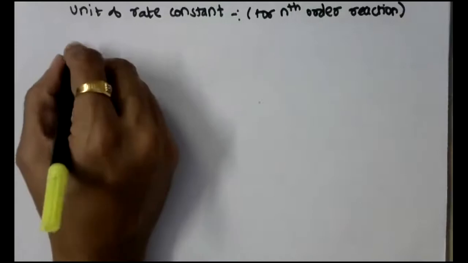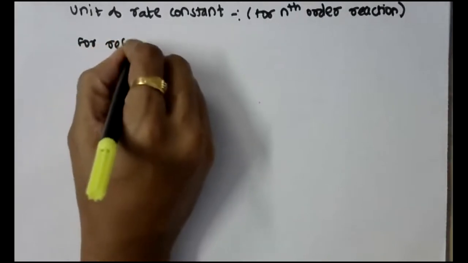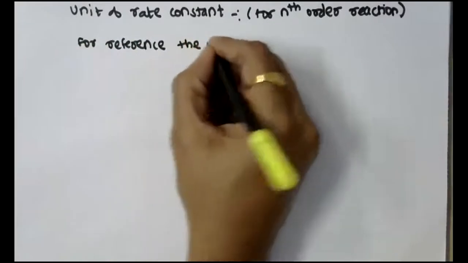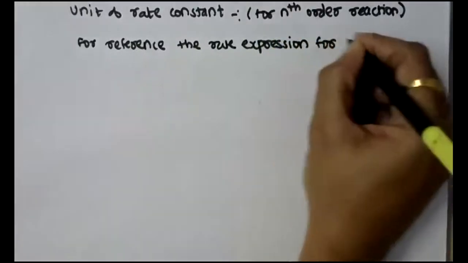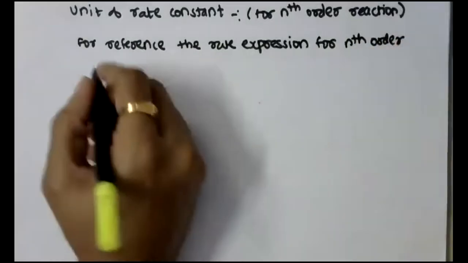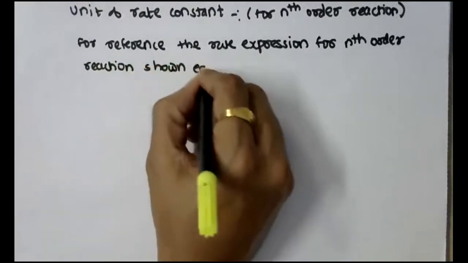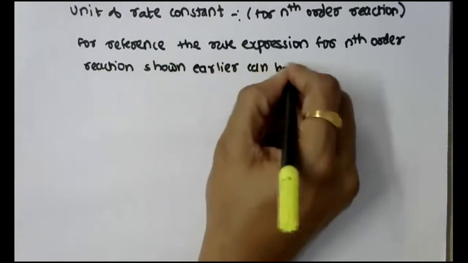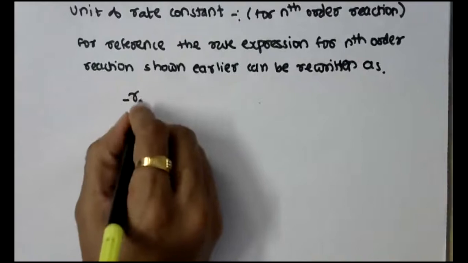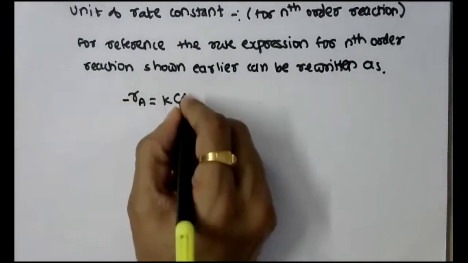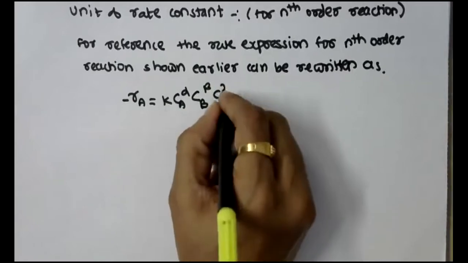Now, for convenience, for reference, the rate expression for the nth order reaction shown earlier can be rewritten as minus rA is equal to k CA raised to alpha, CB raised to beta, CC raised to gamma.